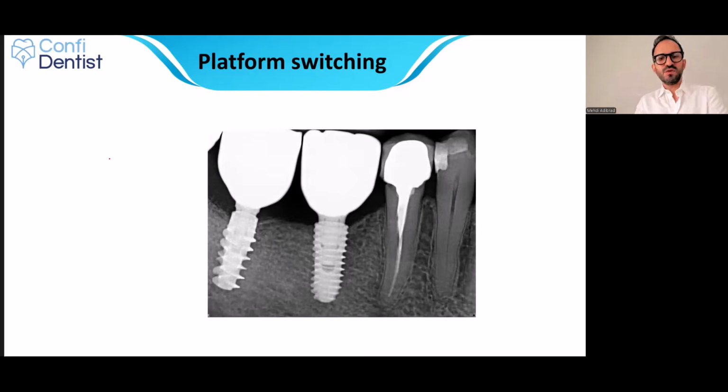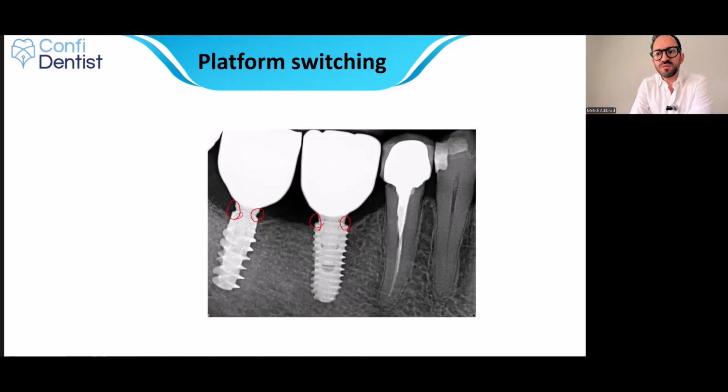You can see this mismatch here very clearly. These are two implants that I placed maybe 8-9 years ago. This is a BLX implant, and this one is a Hiossen implant. Both of them are bone level.